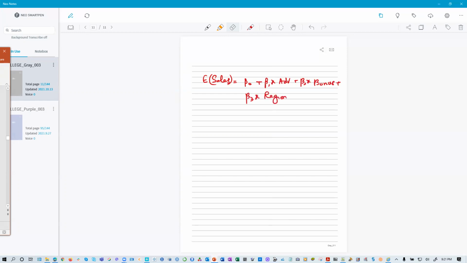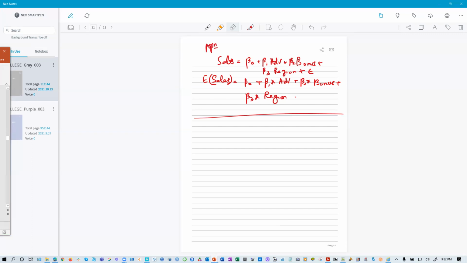That's your model. If you write just the sales, you can write B naught plus B1 times advertising plus B2 times bonus plus B3 times region plus error, epsilon. But if you put the E, that's the estimator, that's the population version. This is the population.